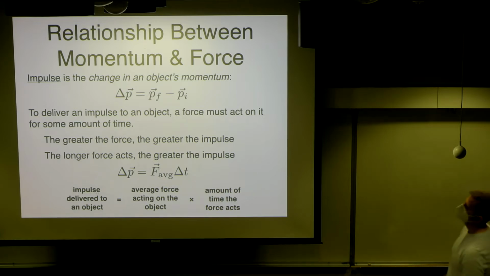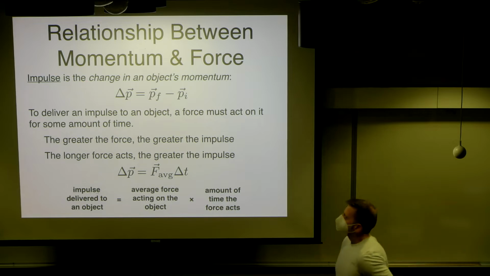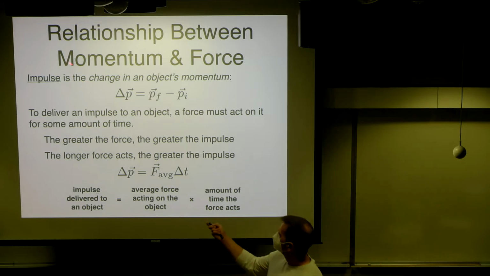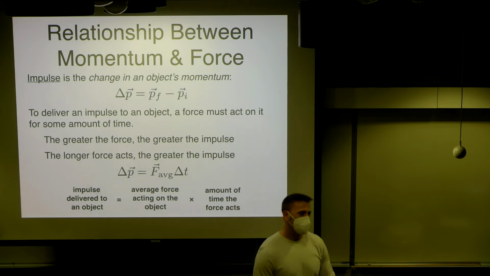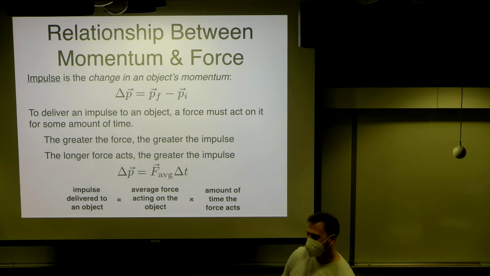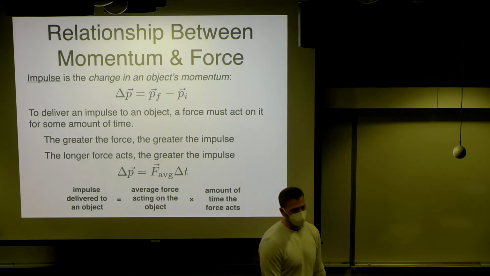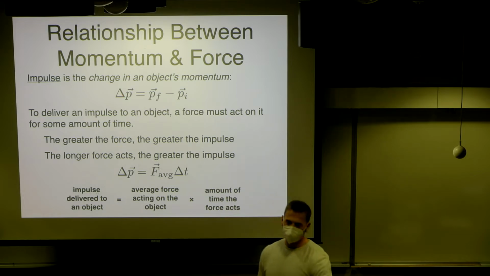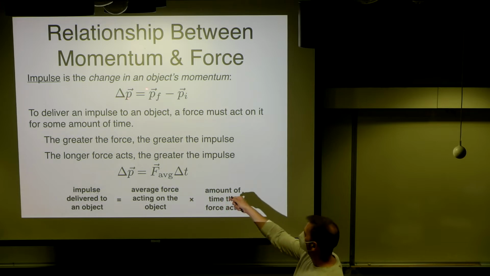We'll start with impulse. So impulse, the definition of this, is the change in an object's momentum. Okay, so any kind of change in physics is denoted by a delta. So we have delta P. And as always, that means final value minus initial. Delta P is equal to P final minus P initial.